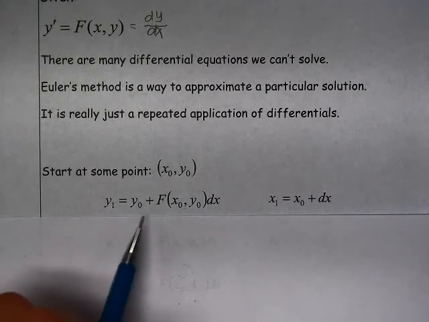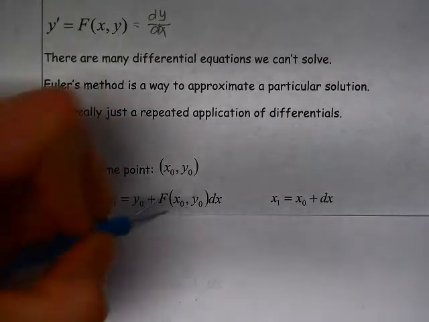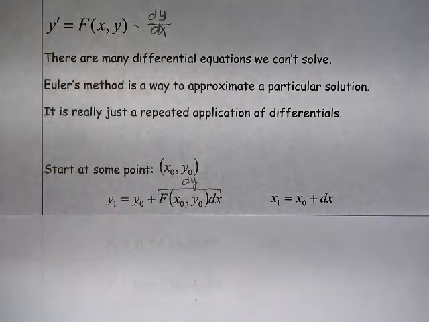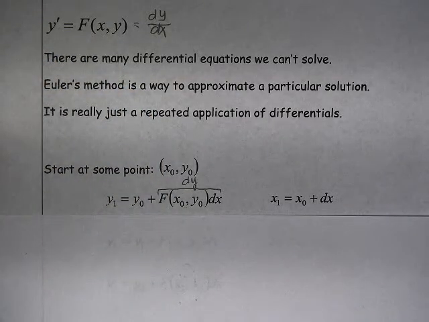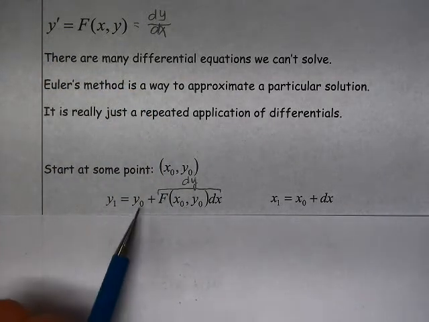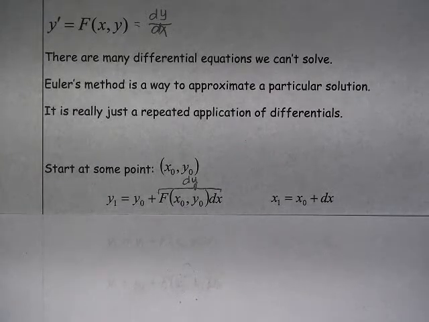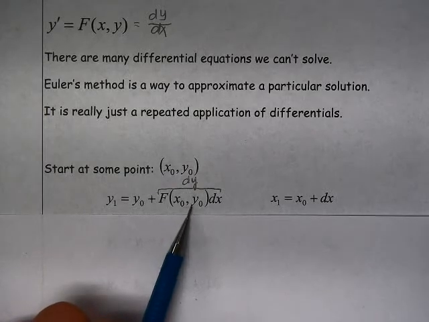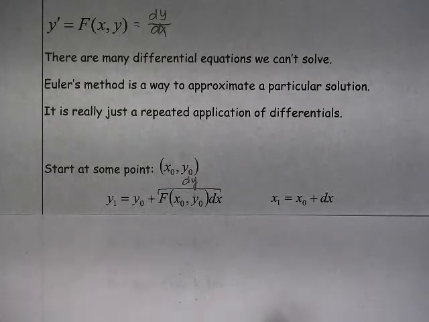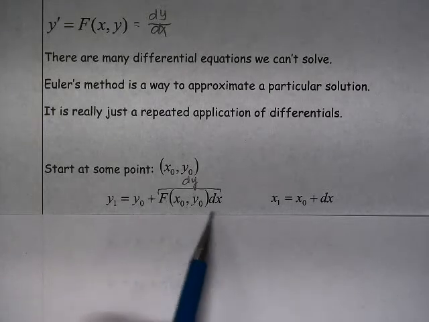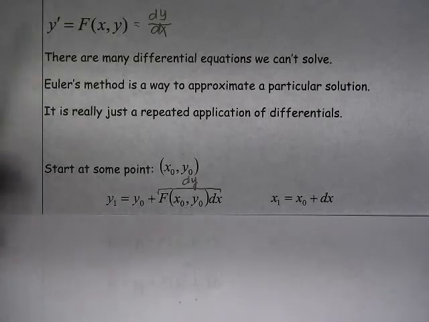All right, so this right here is our good old friend dy. All right, so the new y value is just equal to the original y value plus dy, our estimate based on a linear approximation of the change in y. All right, so we calculate that slope, multiply it by the change in x, add that to the old y value, we get a new y value.